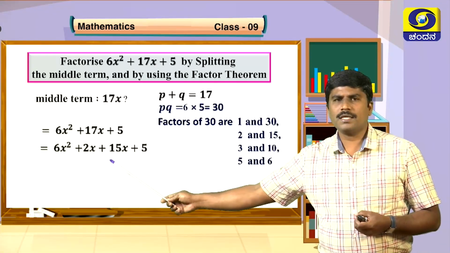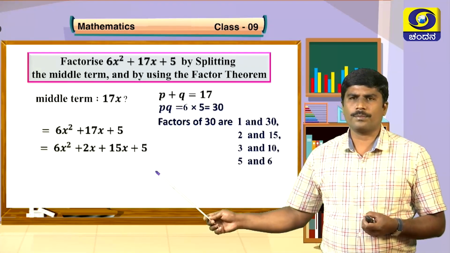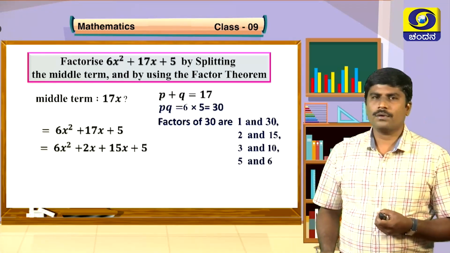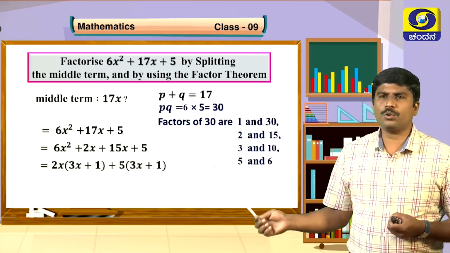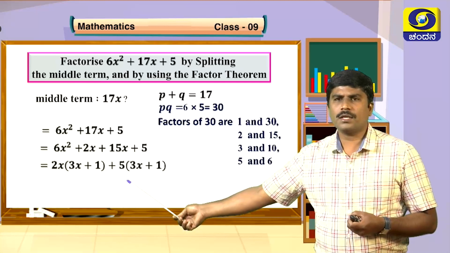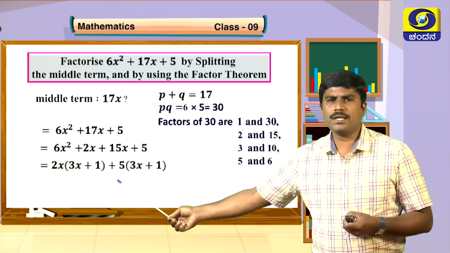Grouping here, 6x square plus 2x is one group, 15x plus 5 is another group. If you take out the common factor from 6 and 2, you will get 2, and from x square and x you will get x. So you will get 2x. If you take out 2x as the common factor, the remaining will be 3x plus 1.